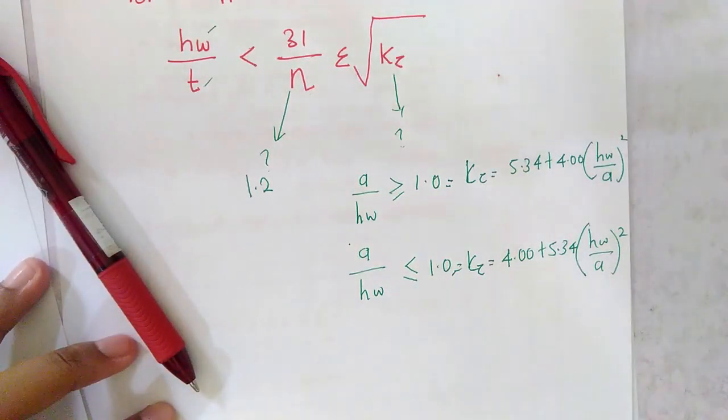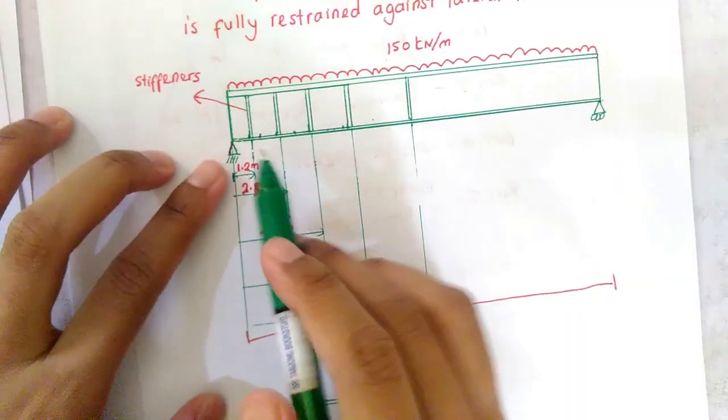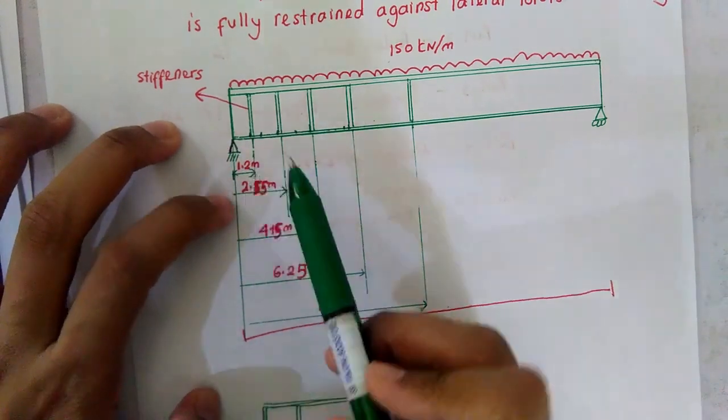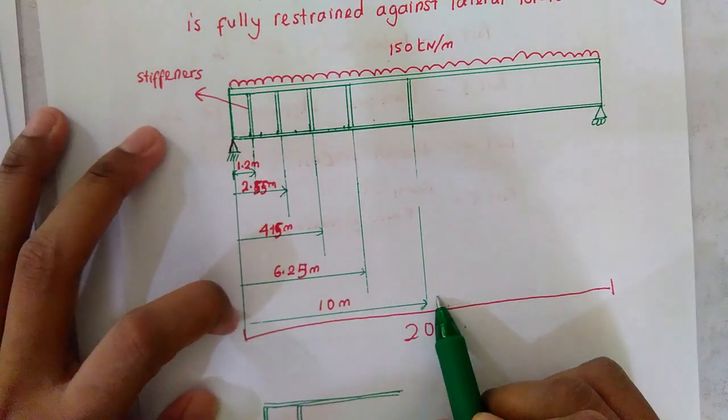So here, a is the distance between the panels. So what does it mean by distance between the panels? If you look at our previous case, this is our example. We have the stiffeners located at 1.2, 2.55, 4.15, 6.25, and 10 meter.